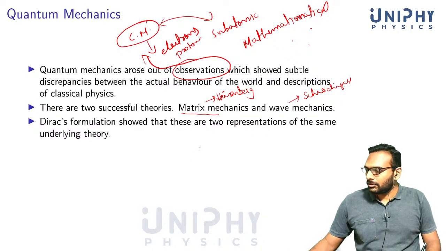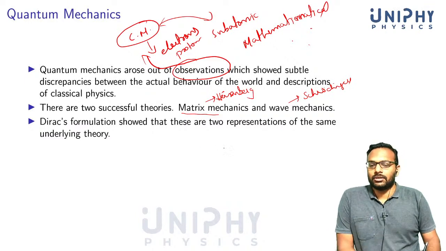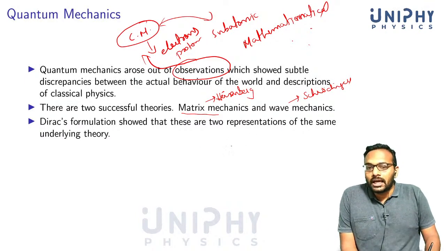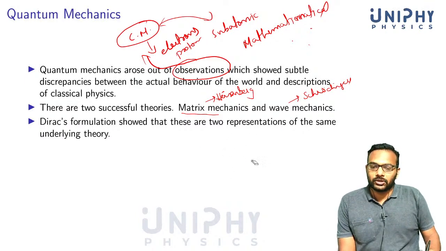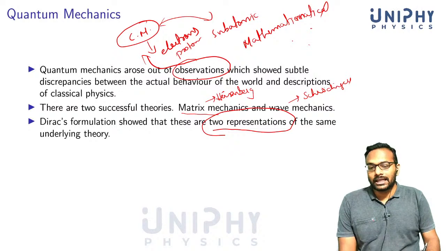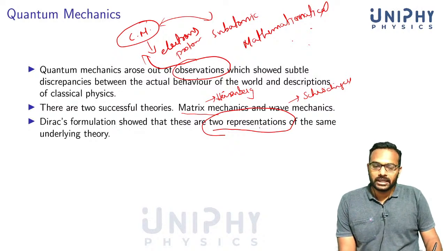And it was Dirac who actually gave a unified framework. He showed that these are actually two different representations of the same underlying theory.